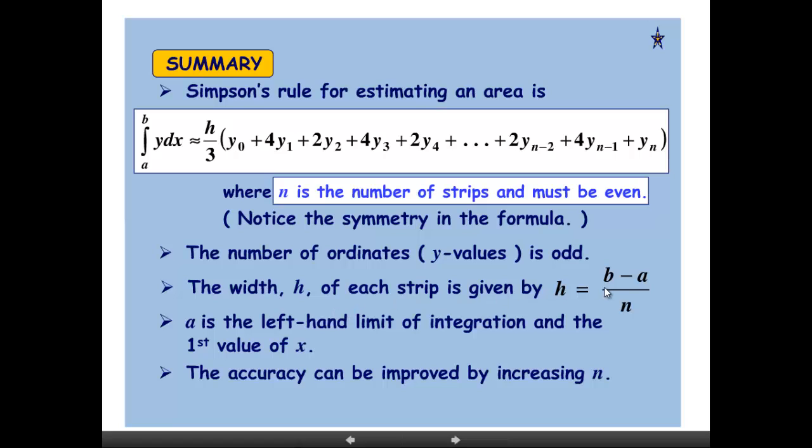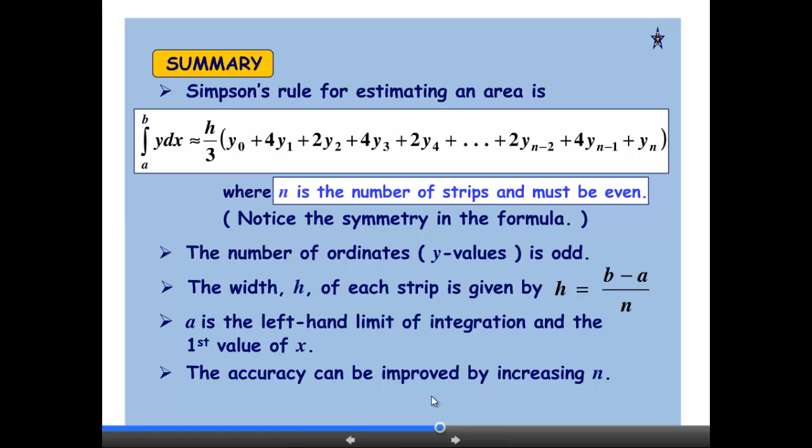The width of each strip we get by subtracting our limits, the upper limit take away the lower limit, and dividing by the number of strips. And as with all of these numerical approximations, we get greater accuracy by increasing the number of strips.